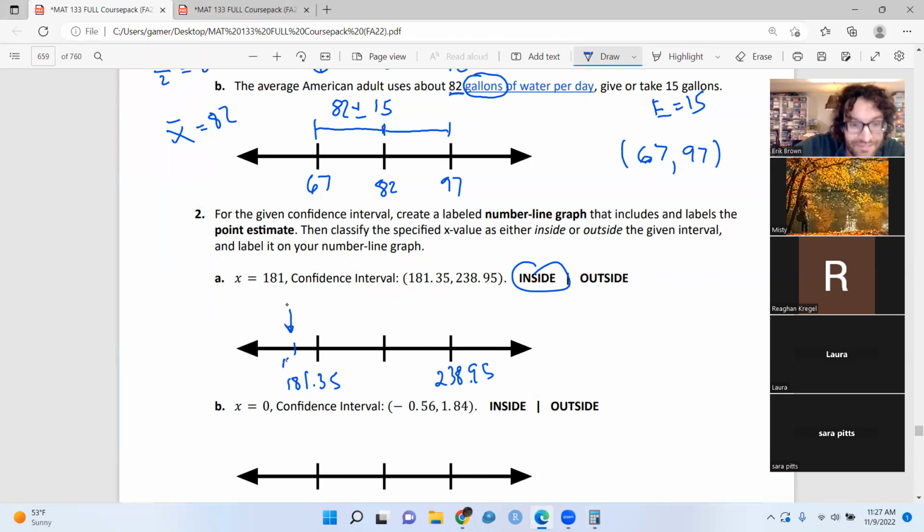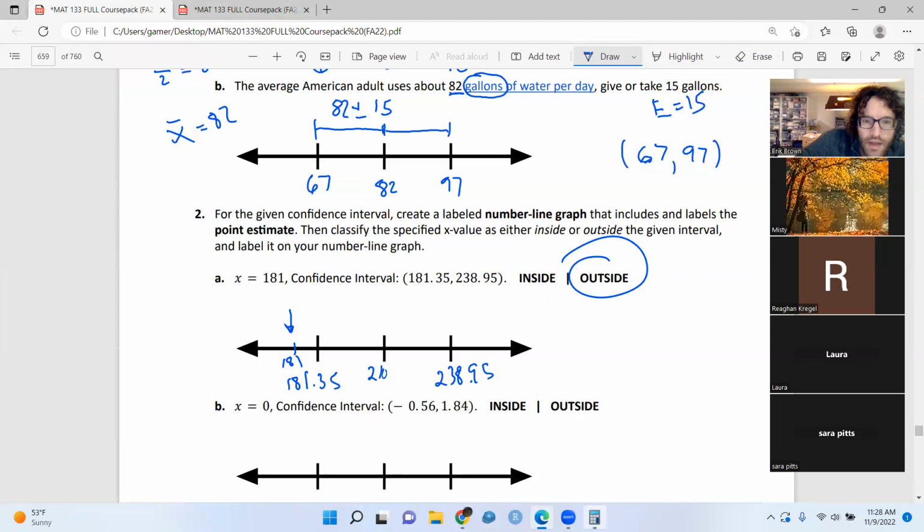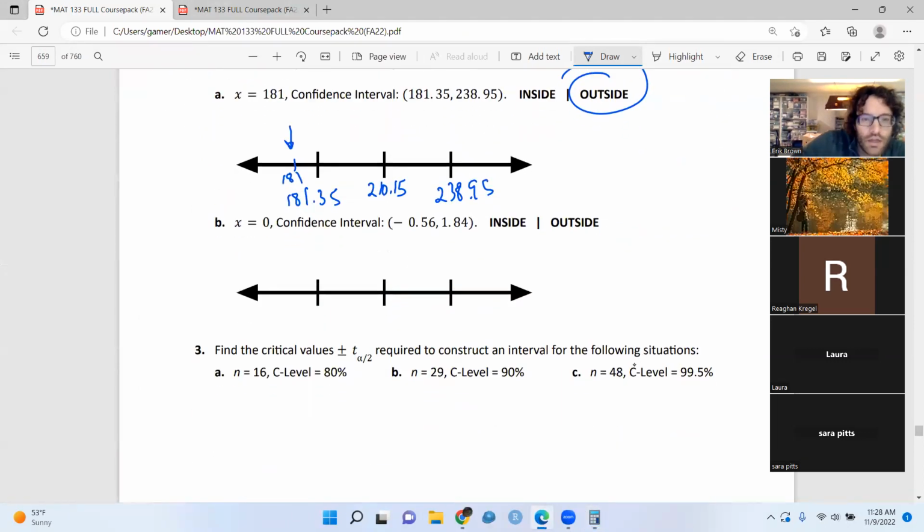Yep. 1.35 is bigger than 0. Do we want to bother with the point estimate? It's 210.15. It doesn't particularly matter. Okay, so then you did negative 0.56 and 1.84, and zero is in here somewhere. So inside.